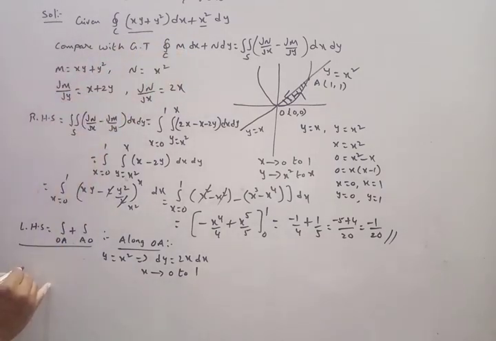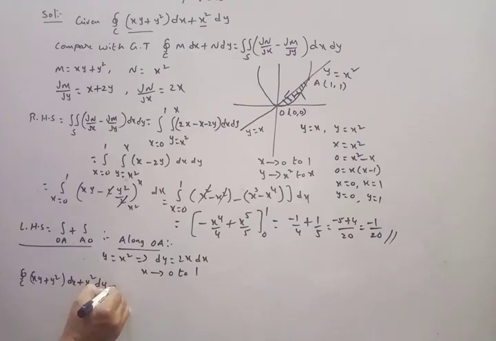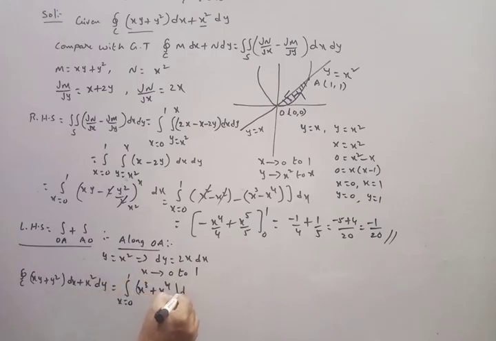So therefore, circle integral C xy plus y square dx plus x square dy is equal to integral x is equal to 0 to 1. Means we are changing the full problem in terms of x. So y is equal to x square, x into x square is x cube, then y square is x power 4, into dx plus x square dy, which is how much? 2x dx, right? So take dx common.